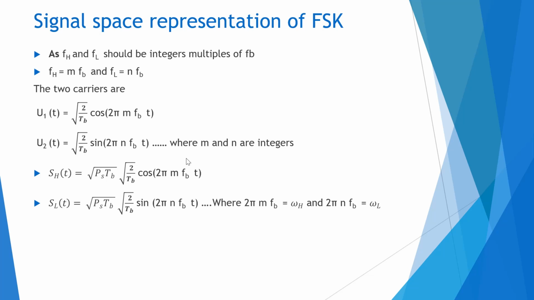Similarly, SL of t is square root of PsTb into square root of 2 by Tb sin 2 pi n FB t, where 2 pi m FB is omega h, the higher angular frequency, and 2 pi n FB is the lower angular frequency. So simply we can rewrite this: SH of t is square root of PsTb U1 of t, and SL of t is square root of PsTb U2 of t.